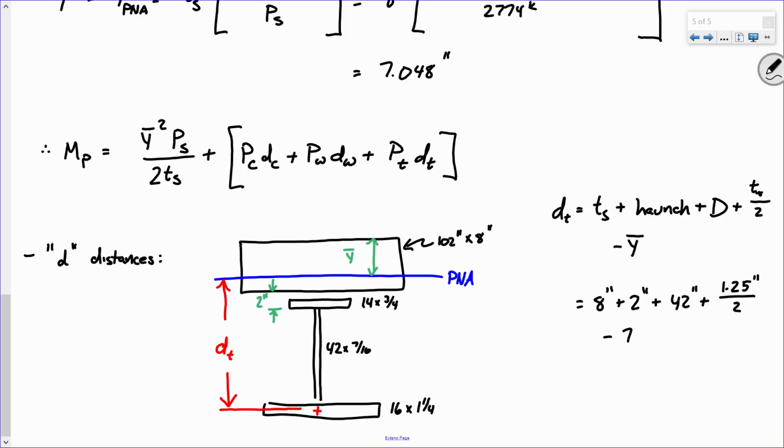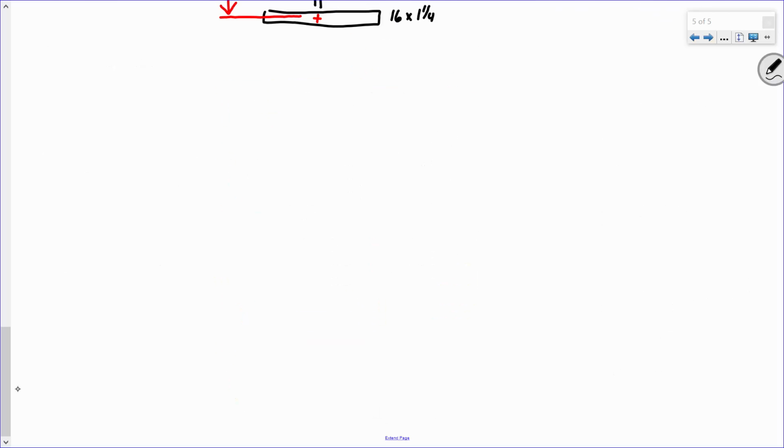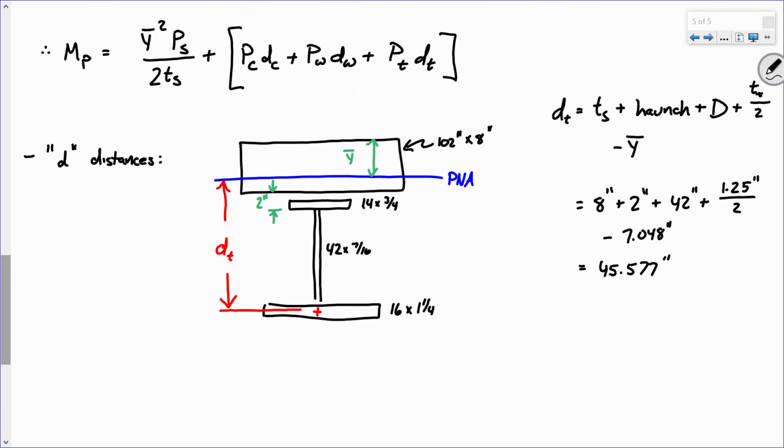Minus 7.048, right? There we go, yeah. 45 point, what was that, like 577, something like that? Something like that, okay. Make sense? Not bad, right? Okay. That's dt.